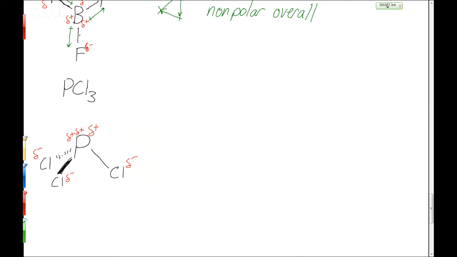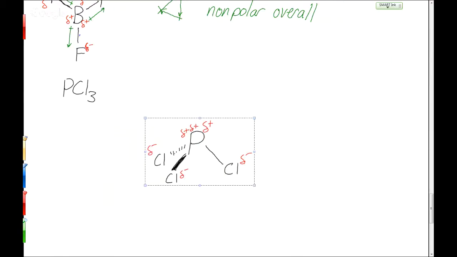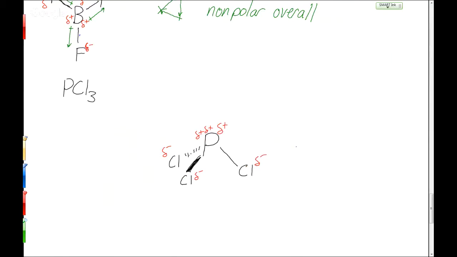If we want to be fancy, let me move this over so we have a little more room. It's actually kind of like a plane, since we're drawing in 3 dimensions here. But if you imagine we could cut this like that, underneath that phosphorus, everything on top of that plane is positive, everything below it is negative. So this thing makes this shape, with the P at the top and the Cl's down here.